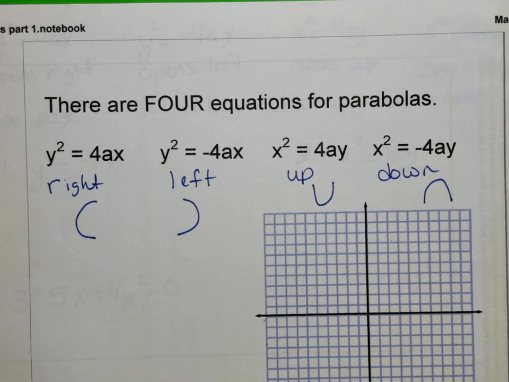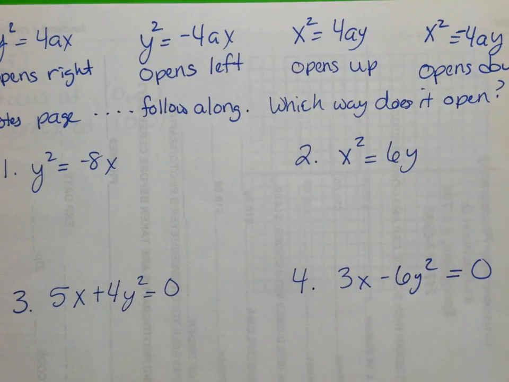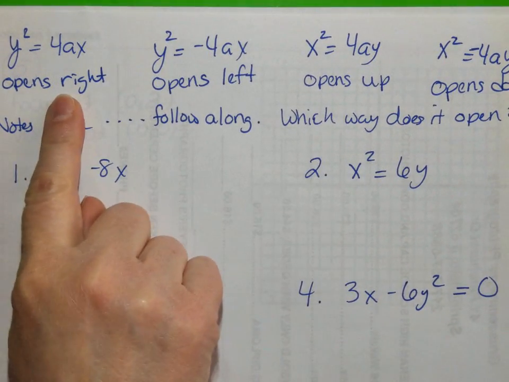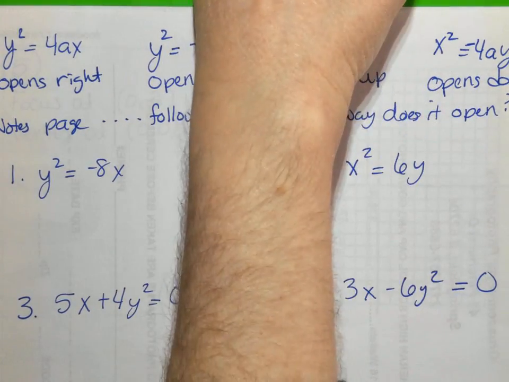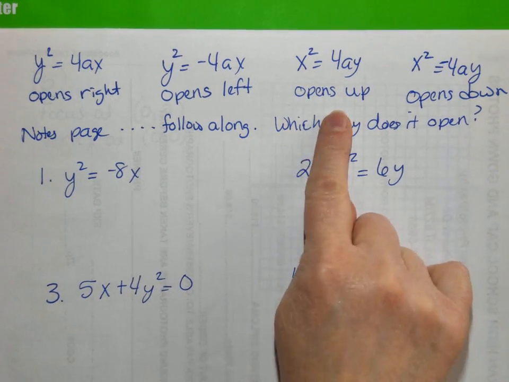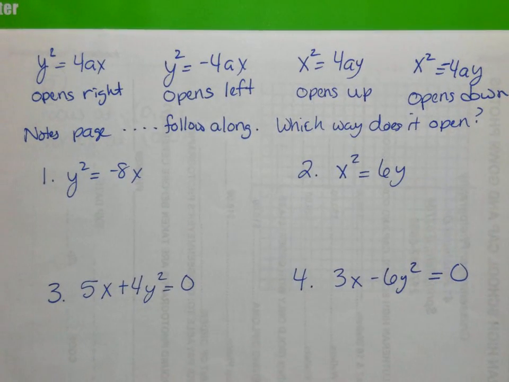All right, so since we have those 4 equations, we know this one opens right, this one opens left. I'm going to zoom out a second here. There we go. This one opens up, this one goes down. On your notes page, which way does this open is the first question. So how do I know?